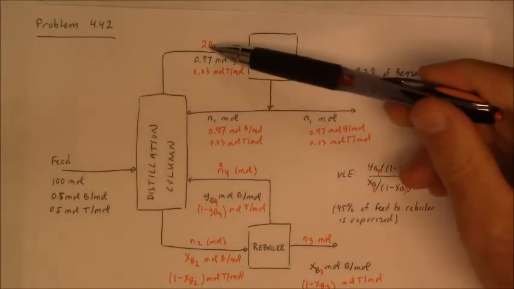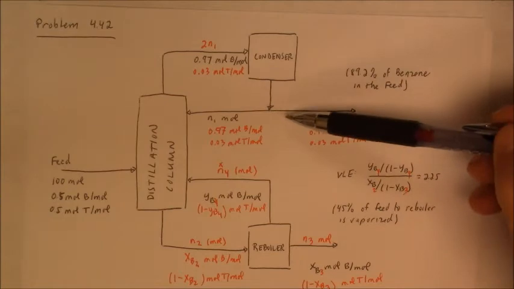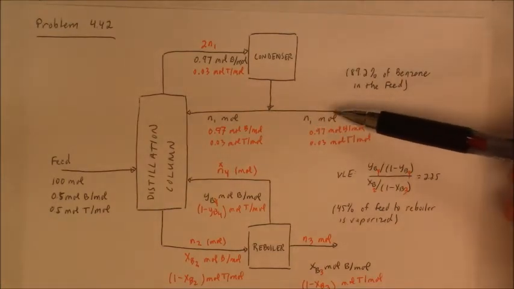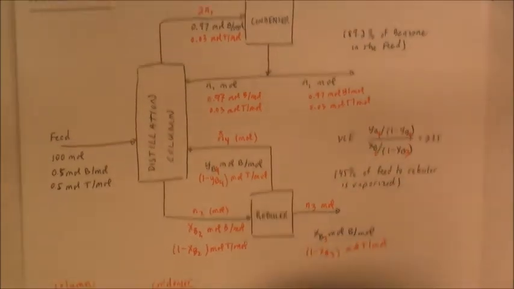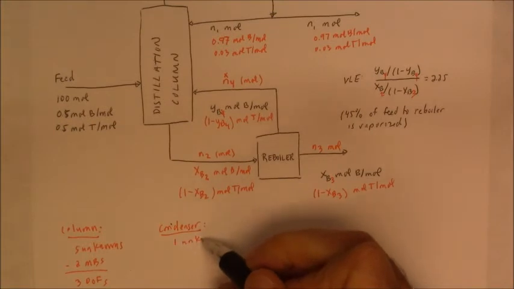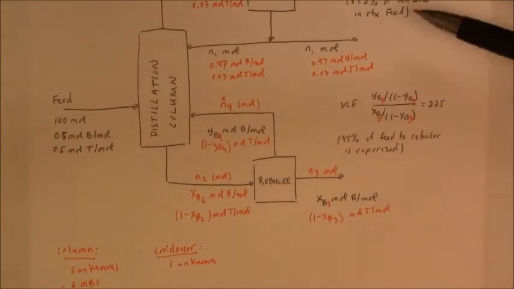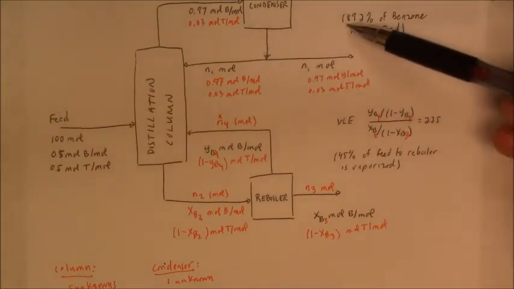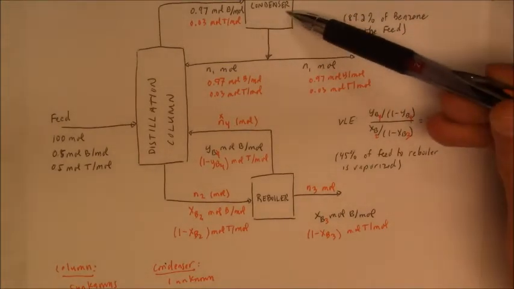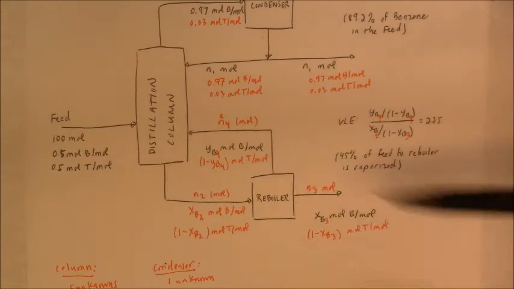Okay, the condenser, we have N1 entering, N1 exiting, N1 exiting. So we have one unknown. And then what else do we know? We have one process constraint that says 89% of the benzene in the feed of the column, and we actually know what that is.